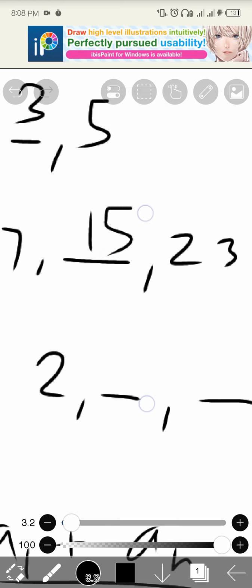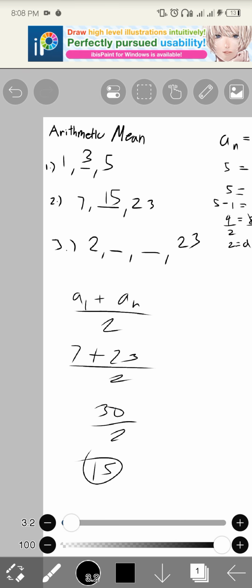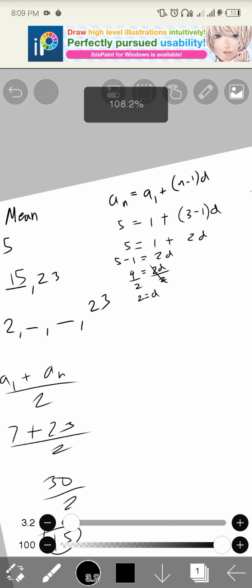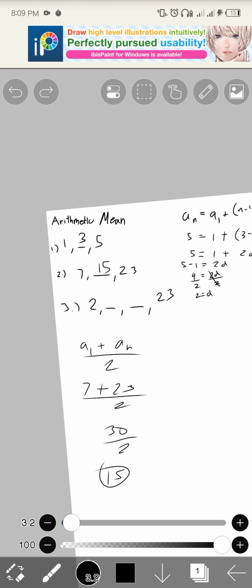Now, in number 3, you can see that it doesn't have a middle number, so to say. For that, you typically use this formula. Again, I'll restate it so that it can be understandable.